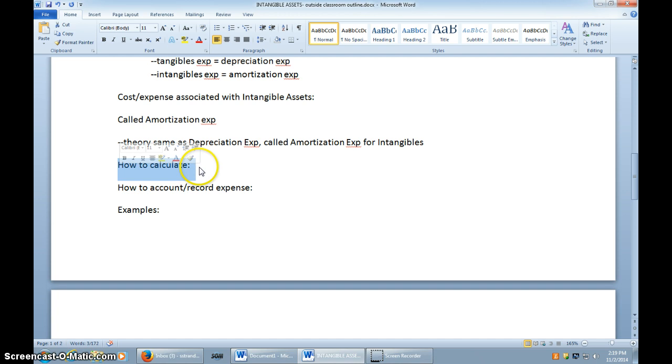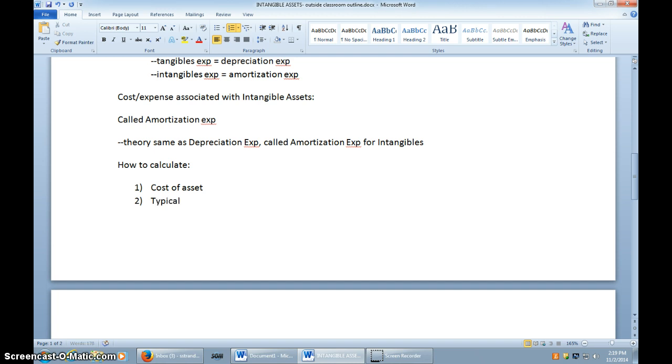So how do we calculate it? Again, you're going to see it's very similar to how we calculated straight line depreciation when we talked about tangible assets. We're going to use the cost of the asset.